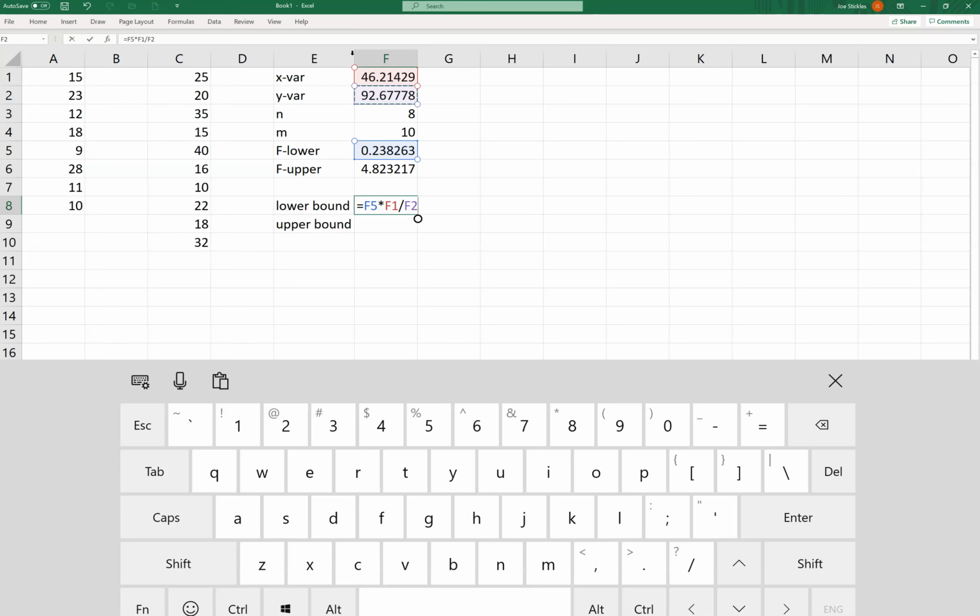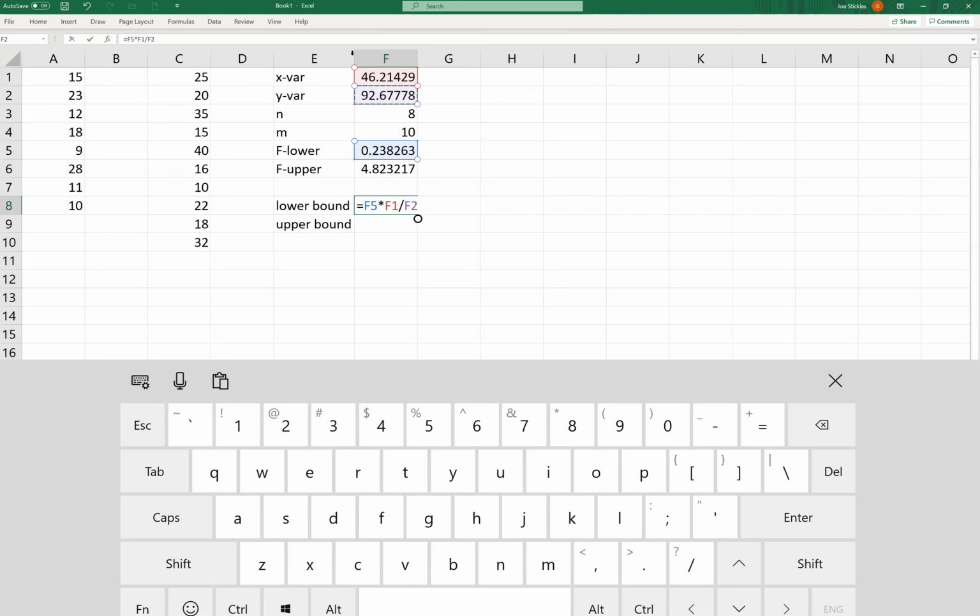Again here, I know I'm emphasizing this, but it's easy to mess it up, which is why I'm doing it. When we calculated the F lower and the F upper, the lower and upper percentiles, we used y first and then x. Here we're doing x over y, right?